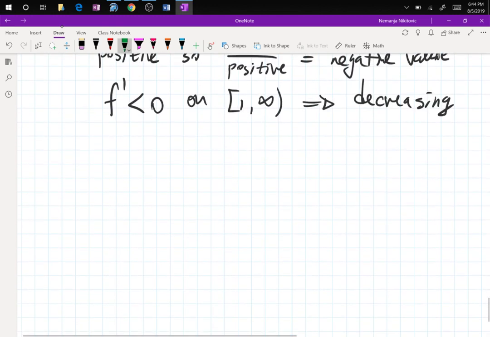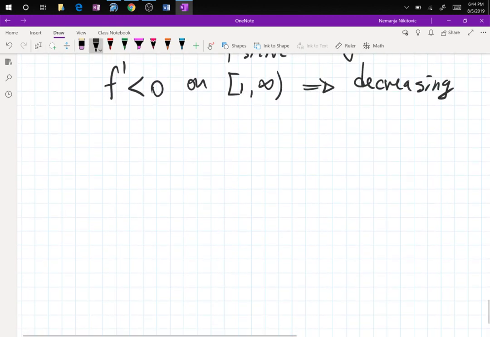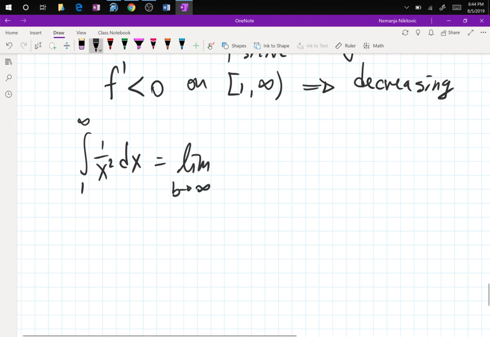Since all 3 conditions hold, instead of writing the summation, I can use the integral from 1 to infinity of 1 over x squared dx. This is a limit, right? It's an improper integral. The limit as b goes to infinity of the integral from 1 to b of x to the minus 2 dx, which is the limit as b goes to infinity.